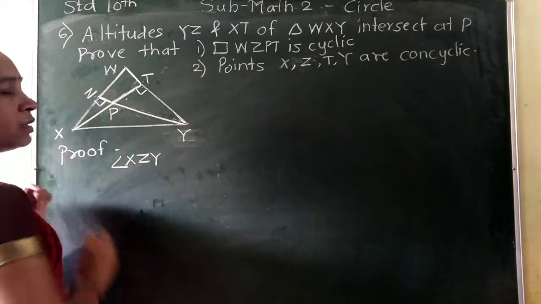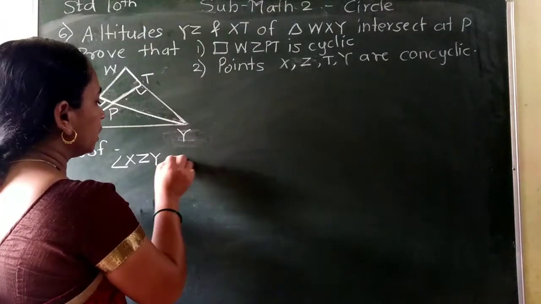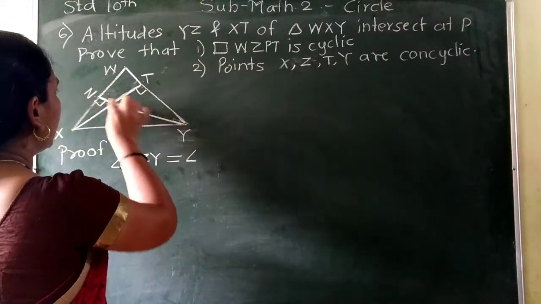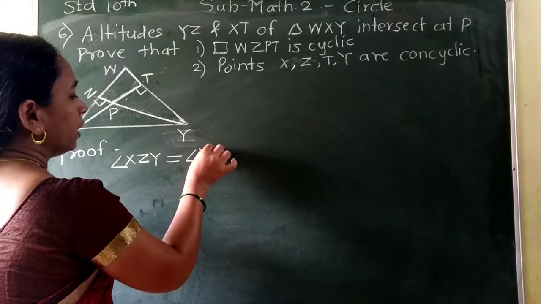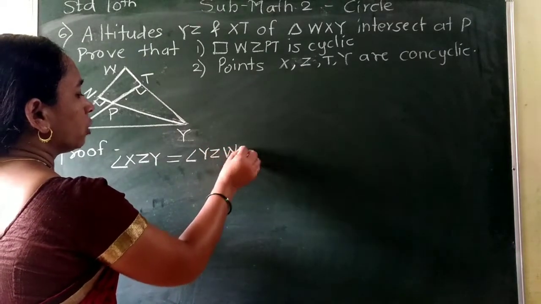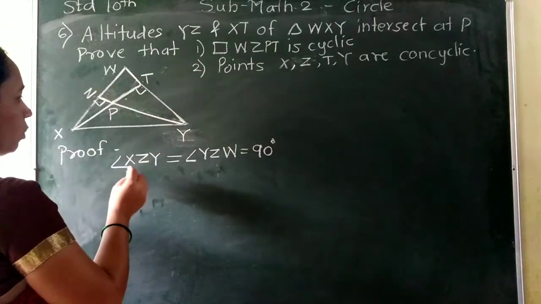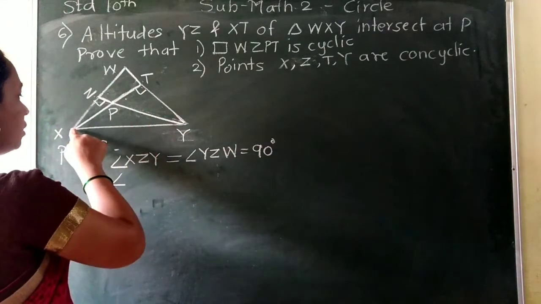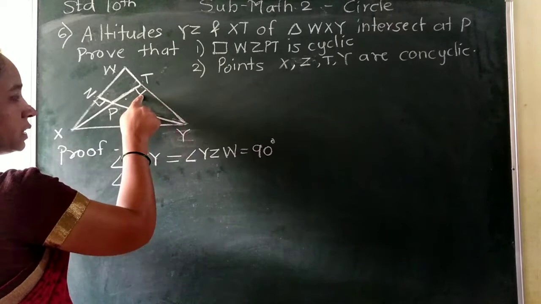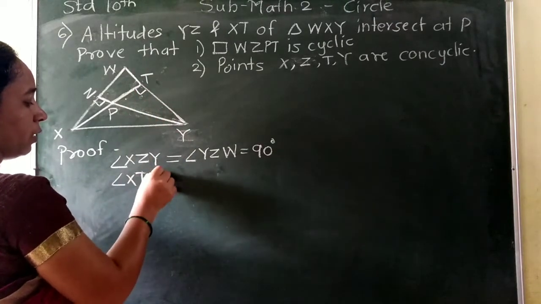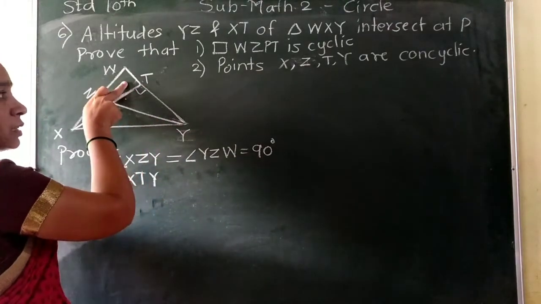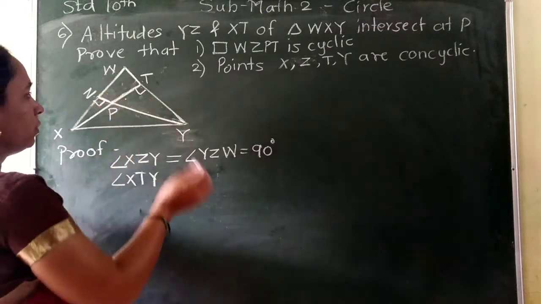If it is 90 degrees, this is also 90 degrees, so it is equal to angle YZW, and both of them are 90 degrees. Similarly, on this side, angle XTY is 90, and its linear pair is also 90 degrees.